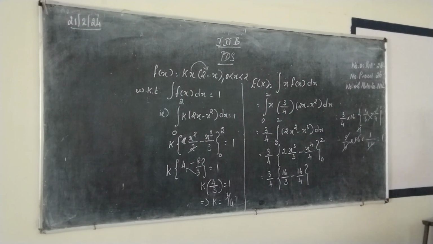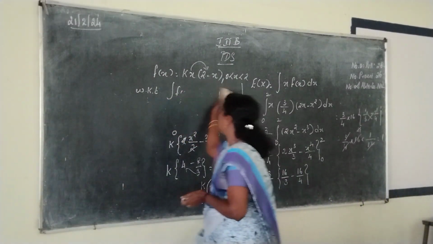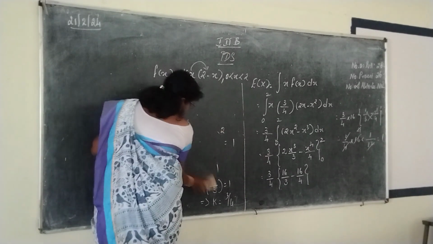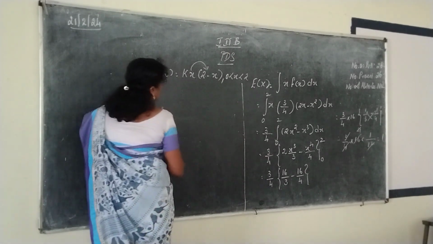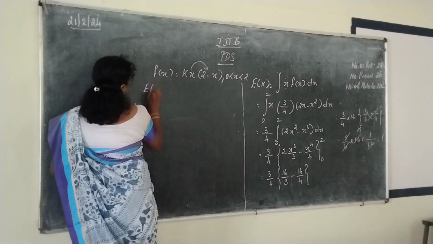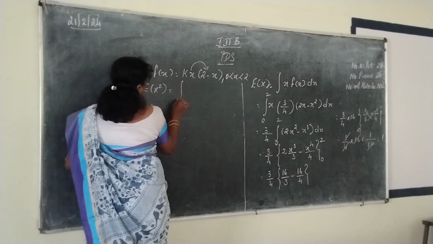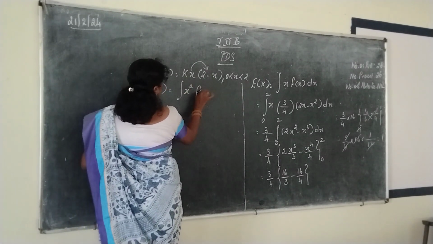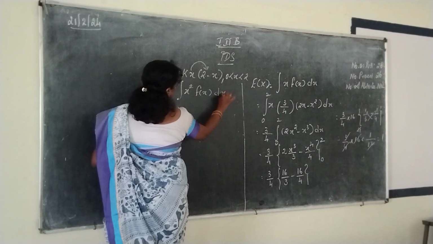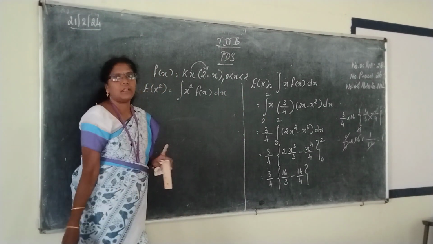So do it. E of x square is equal to integral of x square into f of x into dx. That is the formula.